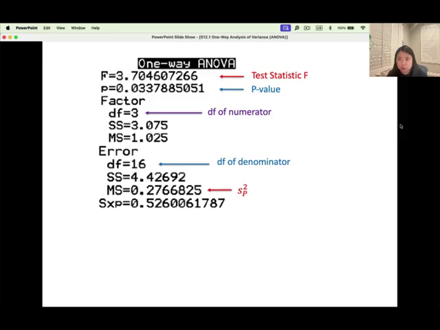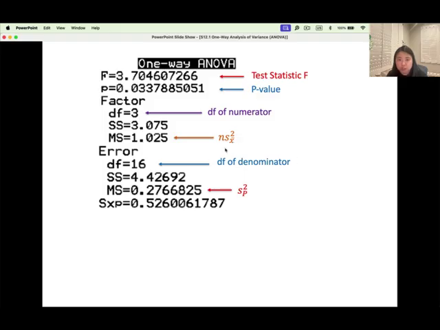Remember in our example, for the last column, we added it up and then divided by the number of data, the mean of the sample variance. Under the Factor, the MS is n, the sample size, times the variance of the sample mean.